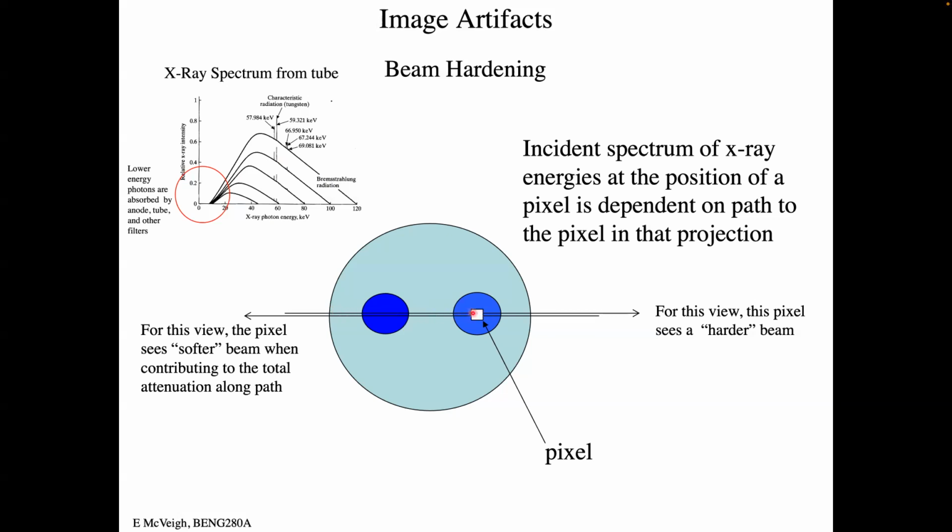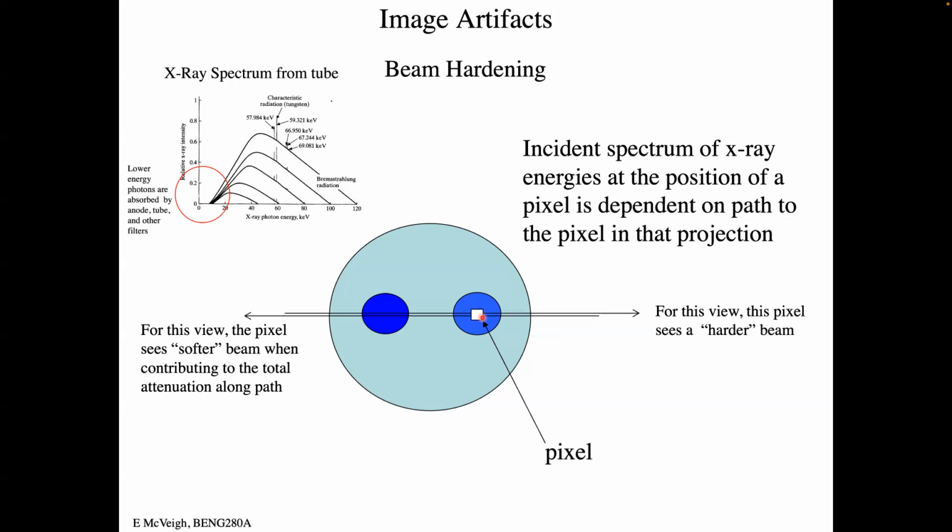And so when you ask, well, this pixel, what does it contribute to the relative attenuation of the total beam as I go through? When I go through on this path, it's going to be different than when I go through on this path, because I've only passed through, say, a few centimeters of tissue this way.